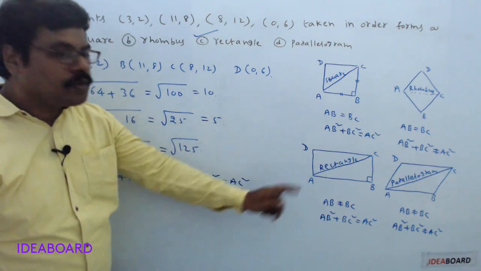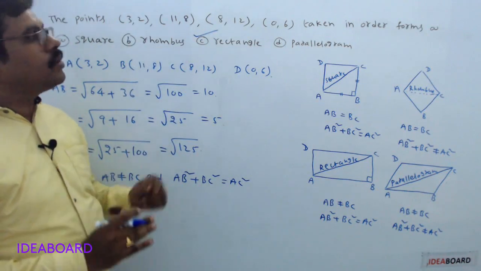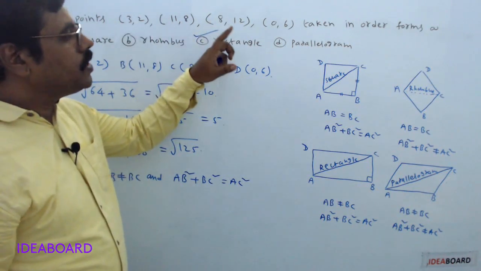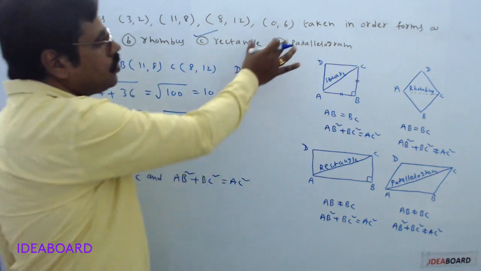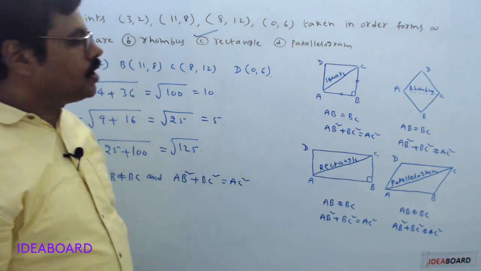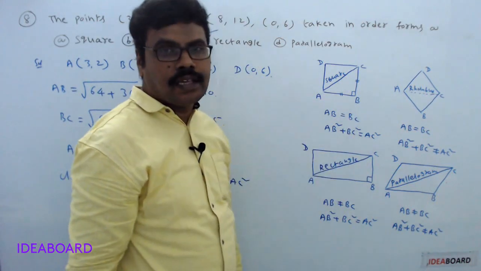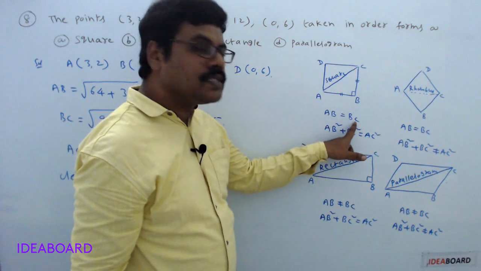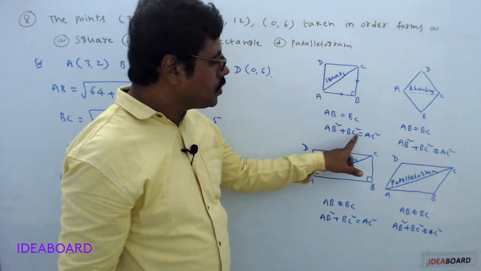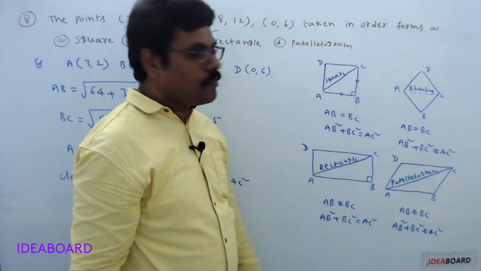So you can apply this procedure to solve this type of problems. Just denote the given points as A, B, C and D. You have to completely avoid the fourth point D. First calculate AB, BC and AC. If AB equals BC and AB square plus BC square equals AC square, your answer is a square.